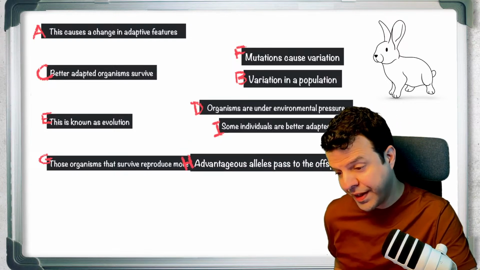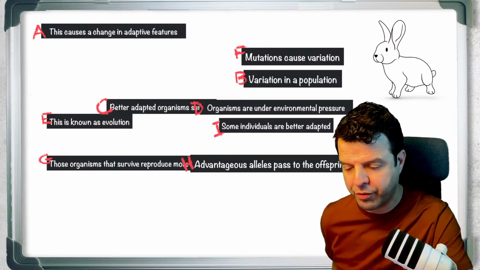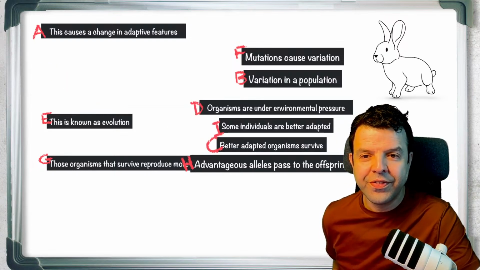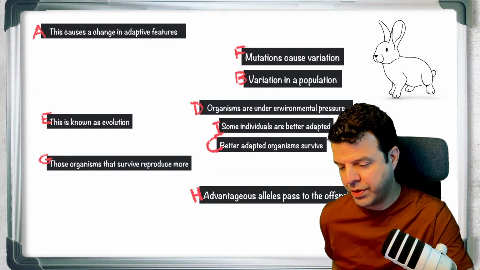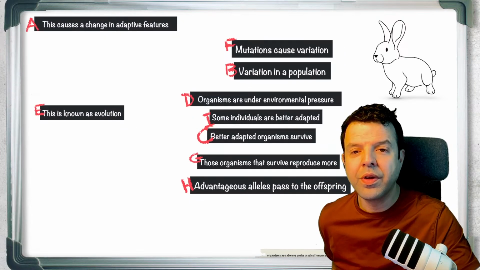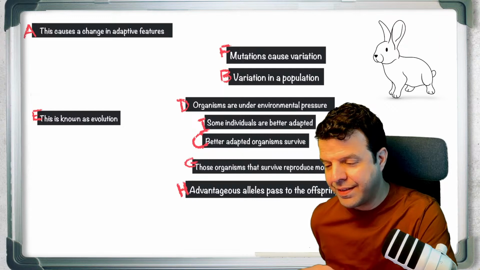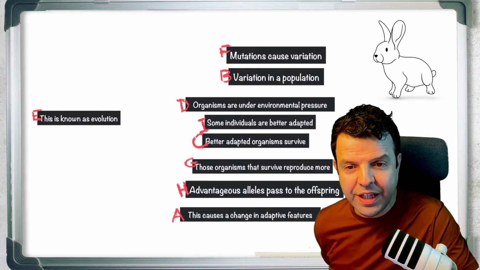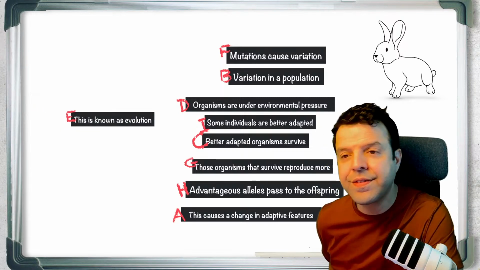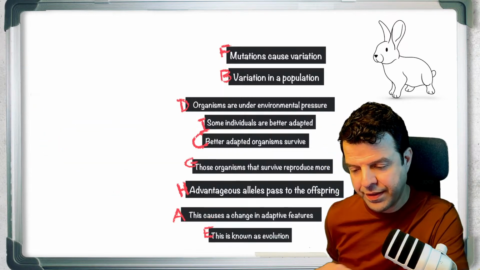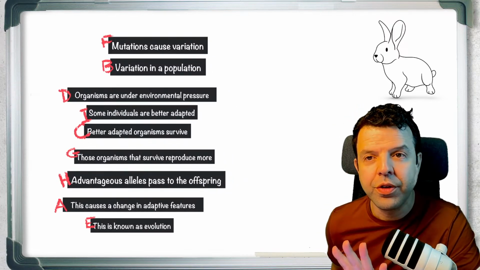And those who are adapted, you know what happens? If you're adapted, then you'll live long enough, right? Then they reproduce and they pass it to their children. This causes a change in the adaptive feature. And this whole story, we say that this population has evolved, right?